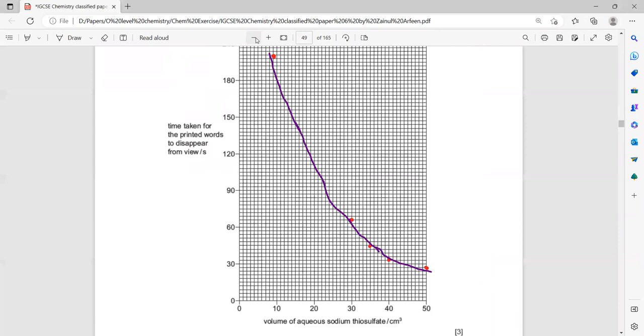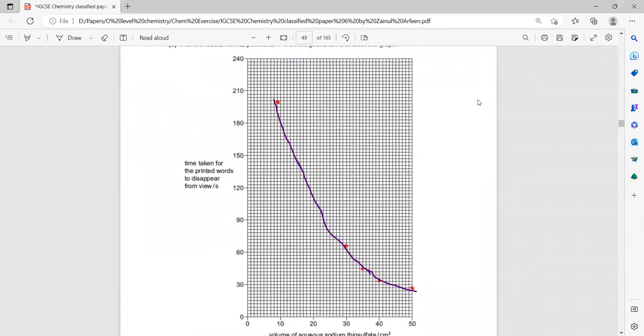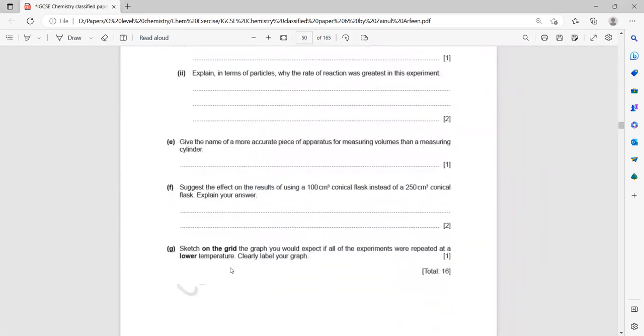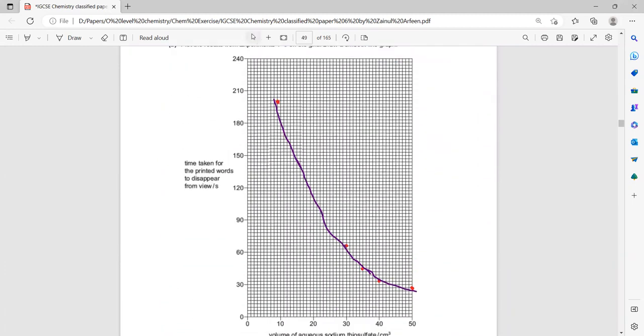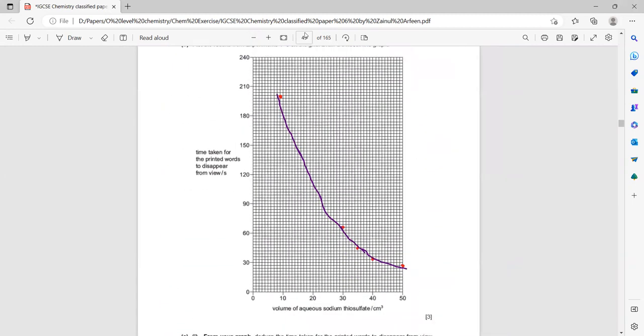Because we repeated at a lower temperature, it will be the same type of result, but for example, for 10 cm cube, if it was taking 201 seconds to disappear, at a lower temperature it will take longer.